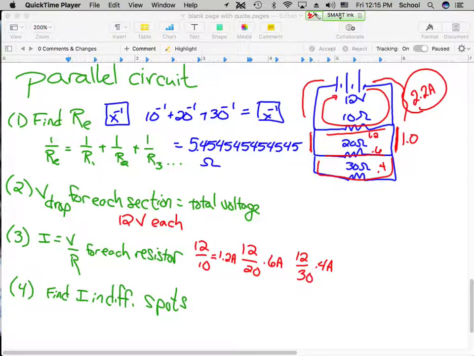Now, V equals IR. If I take the total current times the effective resistance, that should equal what voltage? 12. See if it works.